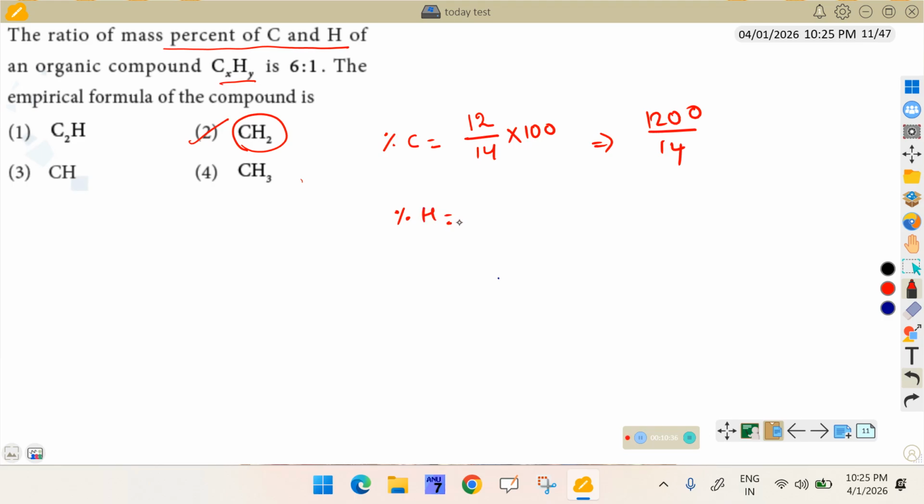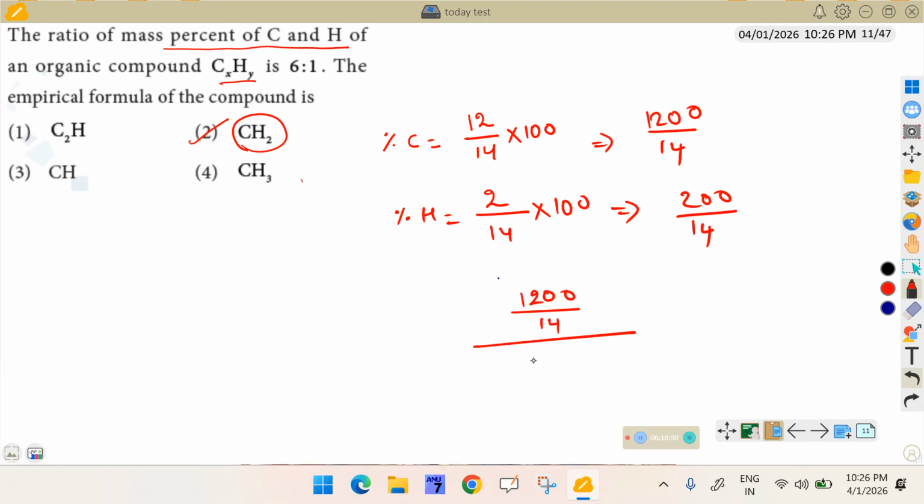Percentage of hydrogen in CH2 molecule, hydrogen weight is 2, total weight is 14, into 100, 200 by 14. Now find the simplest ratio. 1200 by 14 divided by 200 by 14, that is 1200 by 14 into 14 by 200. Yes, 6:1. Correct, second option.